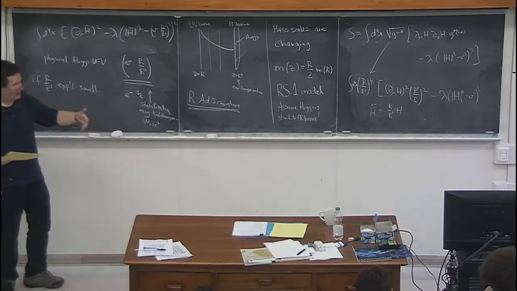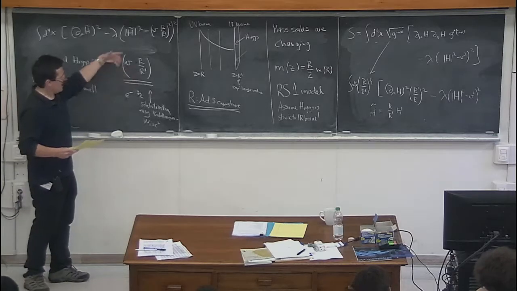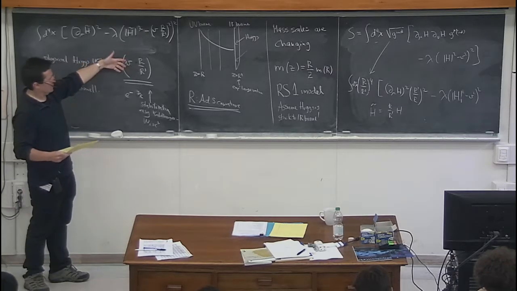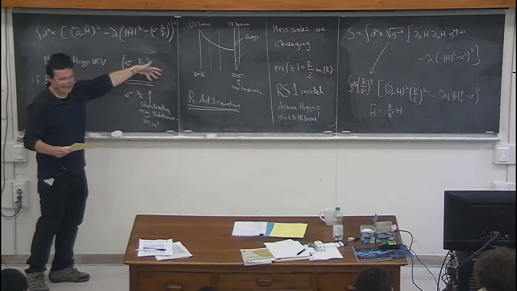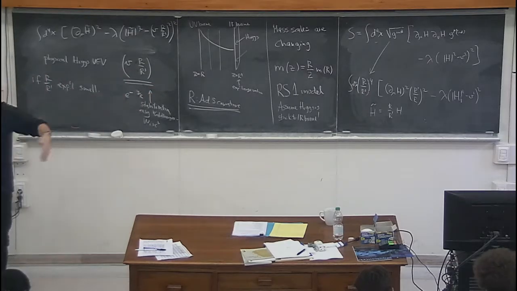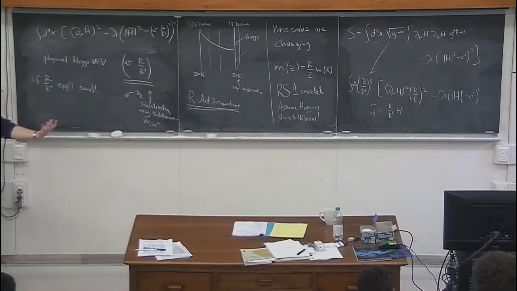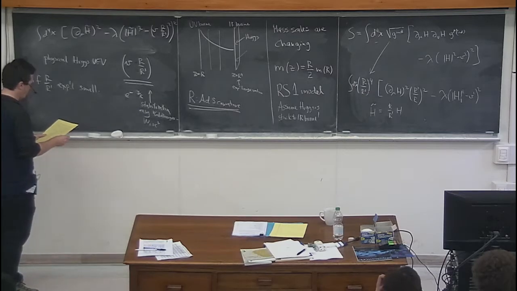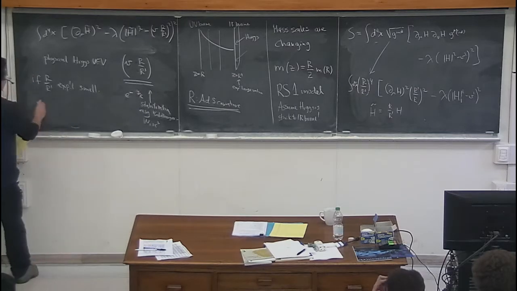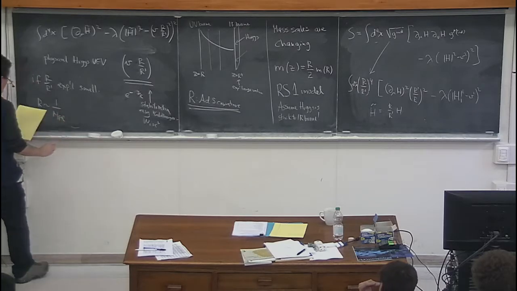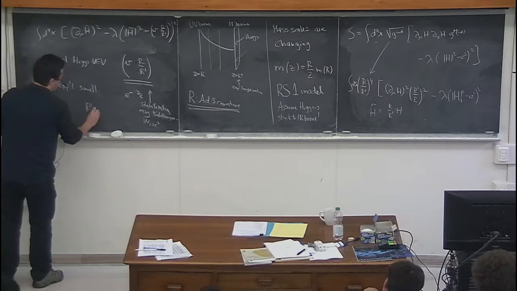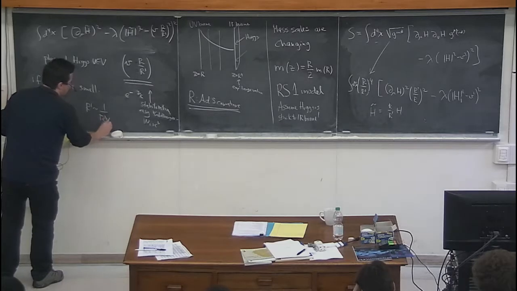For example, v is roughly of the order of 1 over r also, and yet end up in a theory where the natural mass scale of my Higgs vev is actually much lower. It's going to be set by 1 over r prime. So the idea is that r is of the order of 1 over M Planck, and r prime would be something of the order of 1 over TeV.